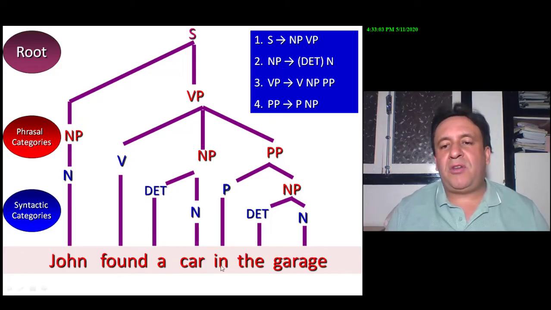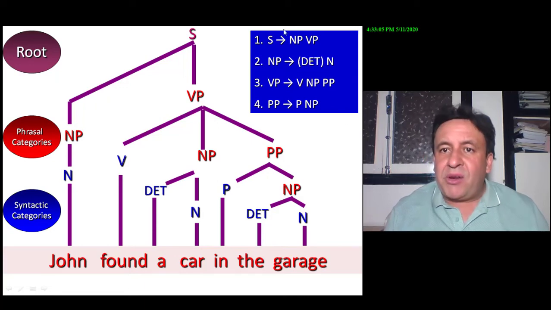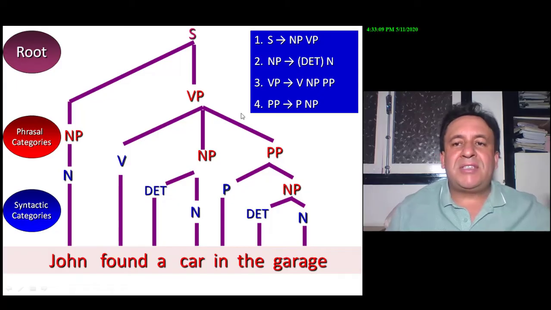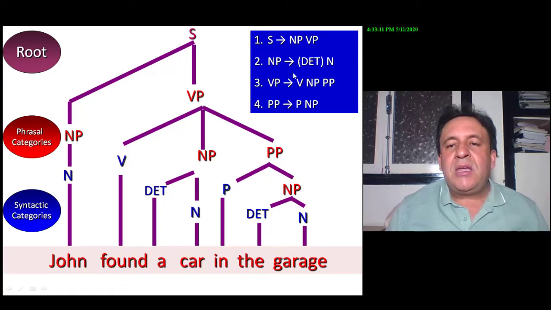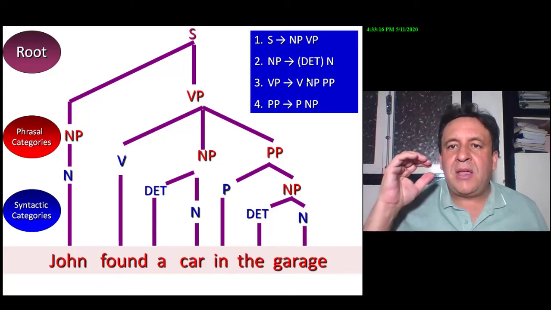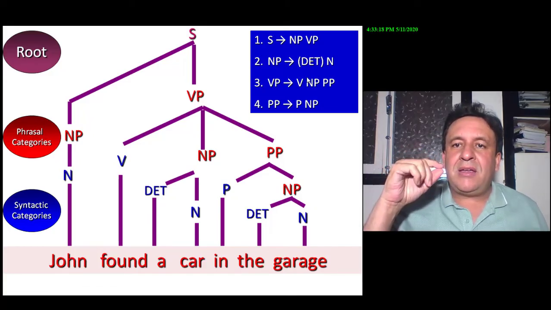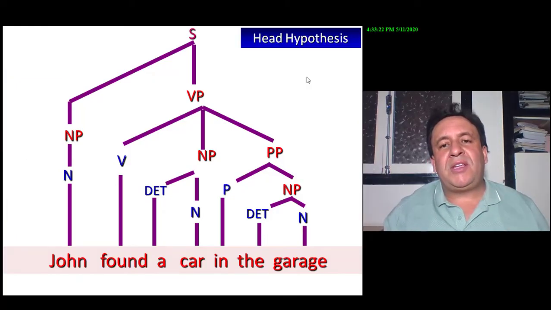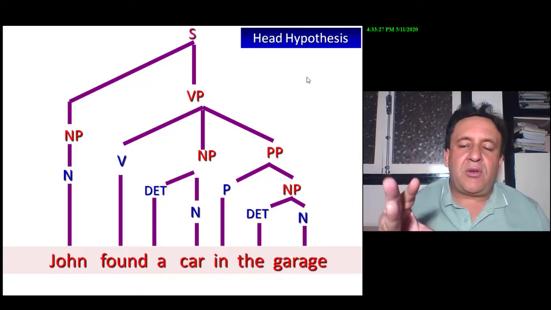It consists of a P followed by an NP. So the four rewrite rules that we have here are just another way of saying the same thing, except that what we do when we use rules is that we break down the structure in terms of separated rules.